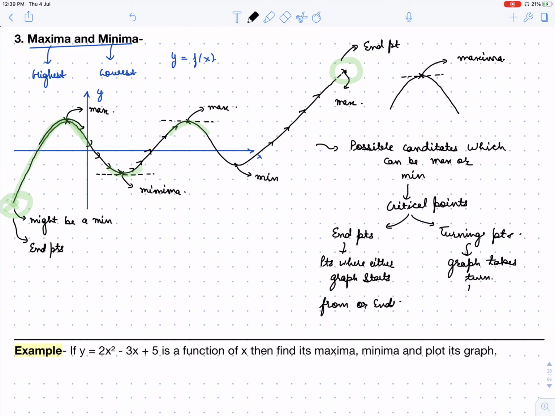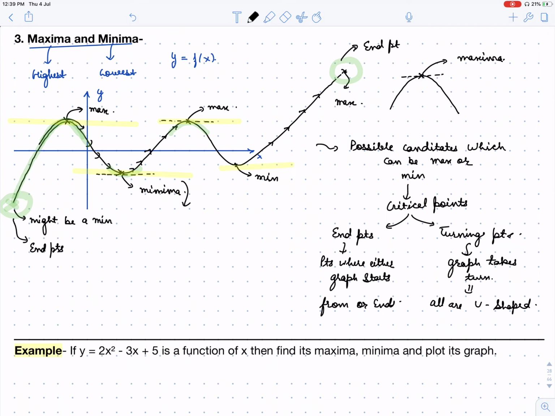Now, if you see something about these turning points, all are U-shaped. If all these points are U-shaped, there is something special about them. If I draw a tangent at these points, then the tangent at all these points, as you can see, is going to come out horizontal.